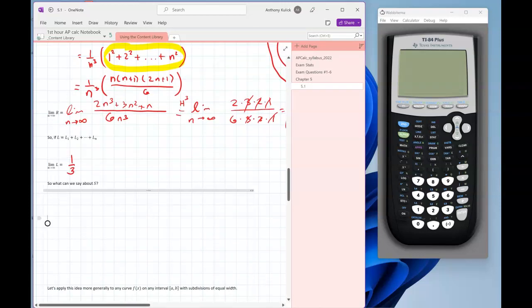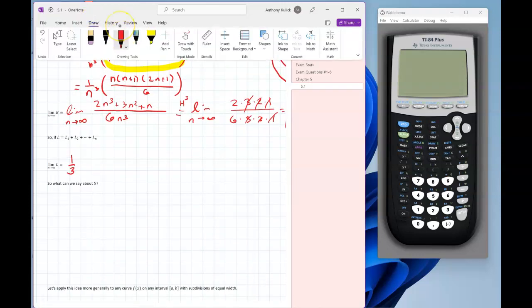So what can we say about S? What is the area of S? Well, let's review what we have.